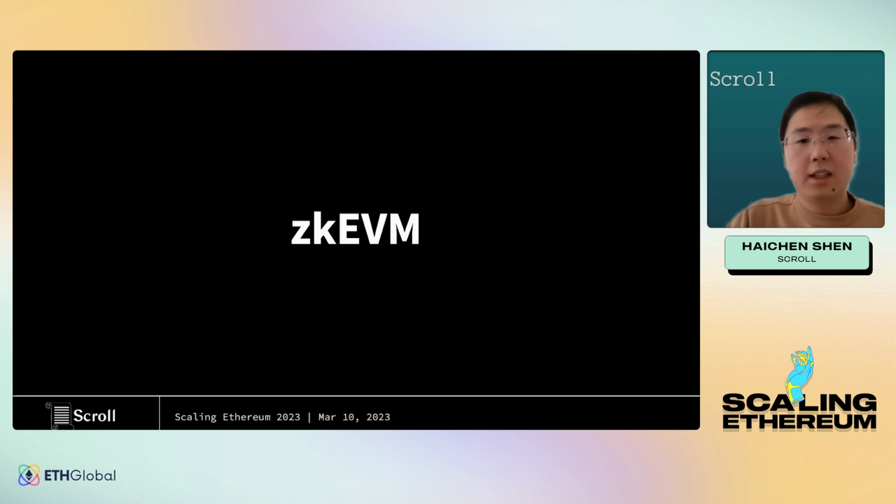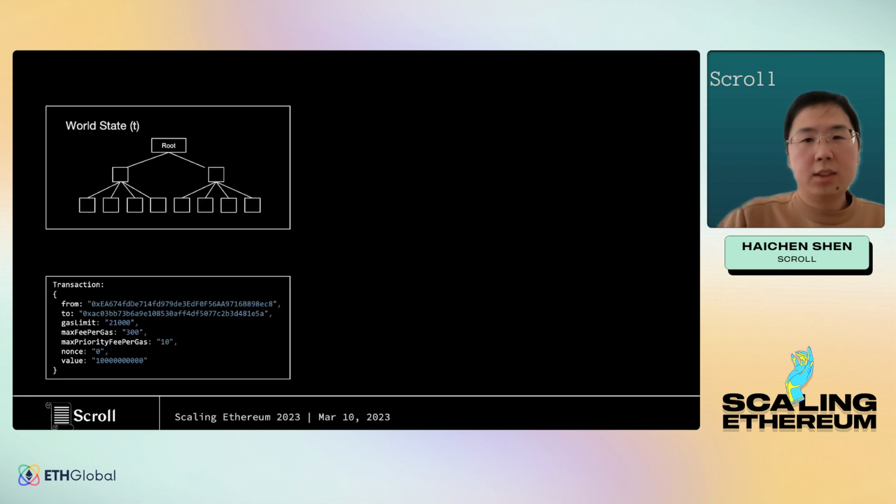Okay, next we're going to talk more about the zkEVM. First, let's focus on what the zkEVM is trying to prove. So let's simplify how the EVM works. At one time step T, you have a state root tree that includes all of the state account information and also any storage trees stored in the smart contracts.